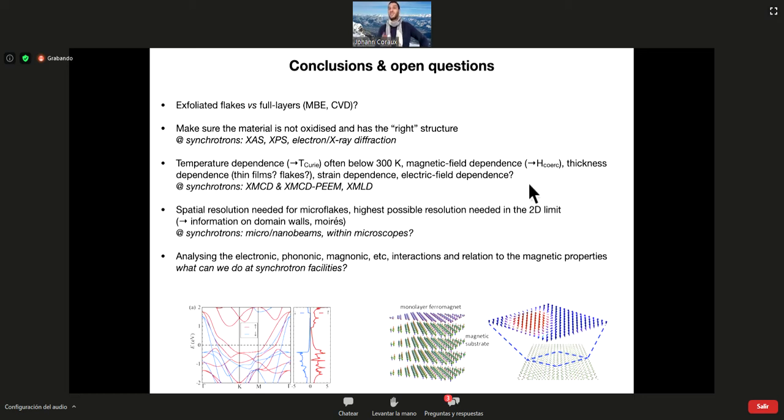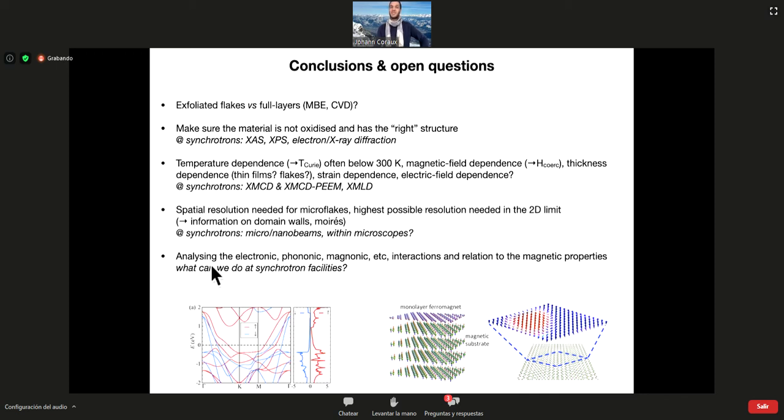So I think this all calls for, to some extent, some developments at the different beam lines. The spatial resolution is certainly very important there, and the better resolution we get, the better. That's difficult with X-rays, I know. But at some point, we will be interested in having resolution approaching 10 nanometers or a few 10 nanometers.